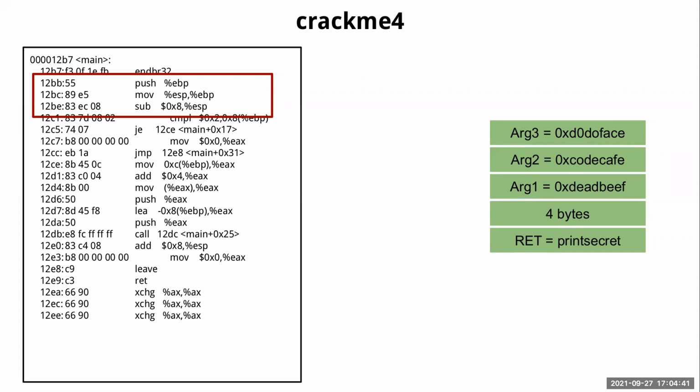You just need to figure out the function address of print_secret, and overwrite the return address on the stack with the function address. Then these 4 bytes don't matter. We discussed last week why these 4 bytes don't matter. Then we have those 3 arguments.